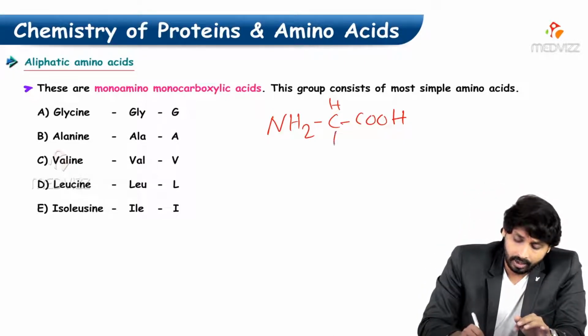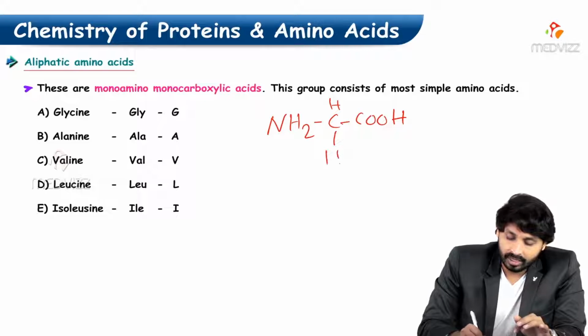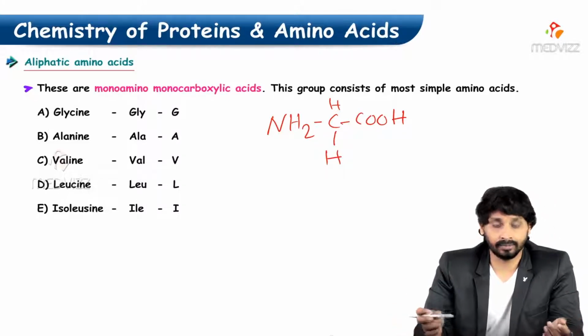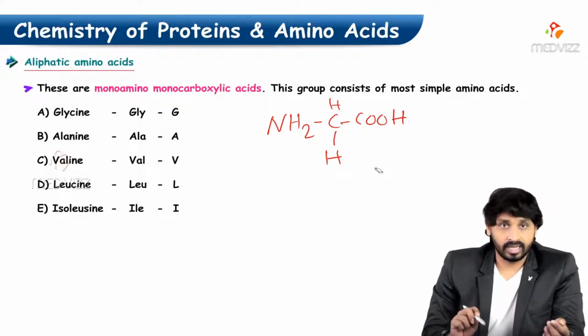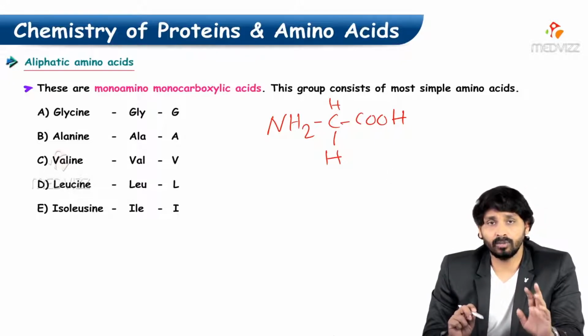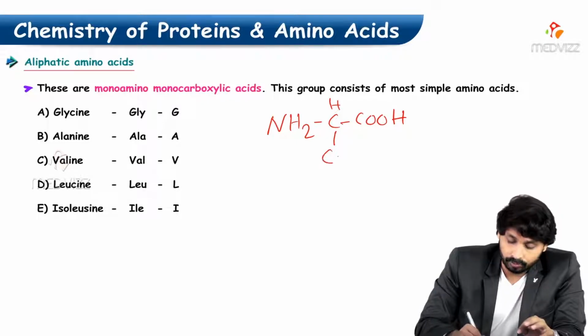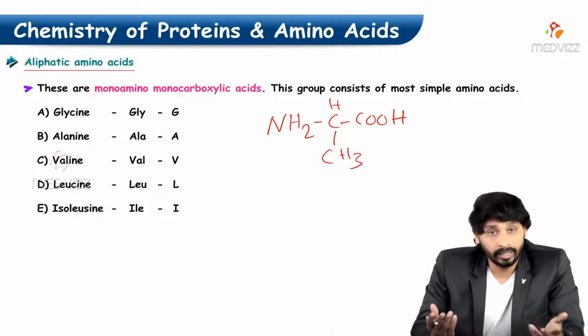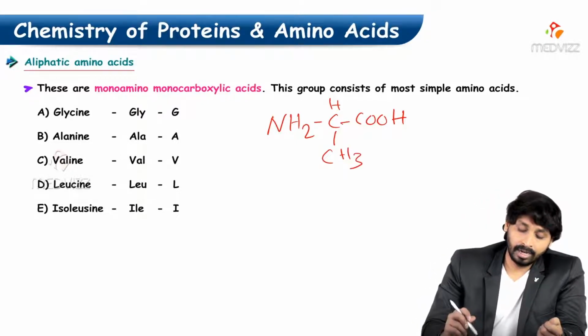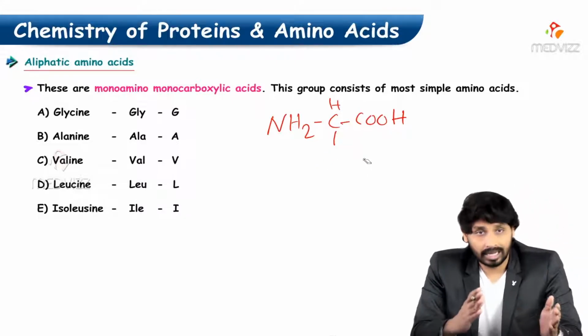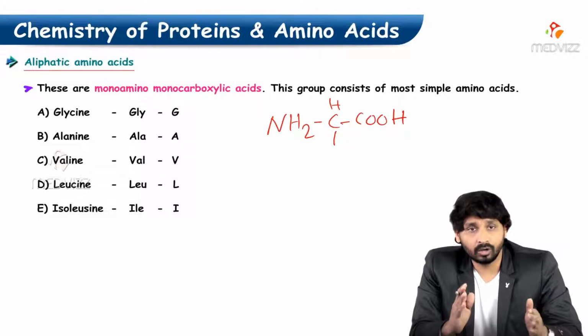Only the R group changes. If it is H at the place of the functional group, it is glycine. If it is a methyl group, this is alanine. Similarly, in place of the methyl group, as I said, branched amino acids: valine, leucine, isoleucine.